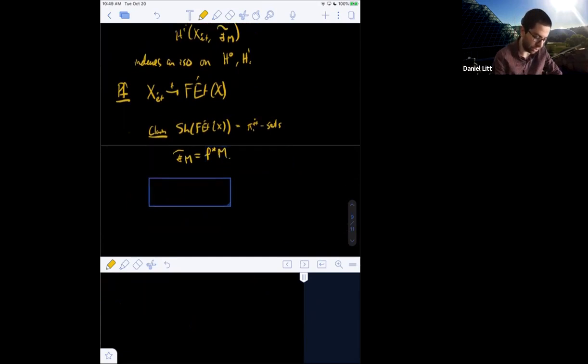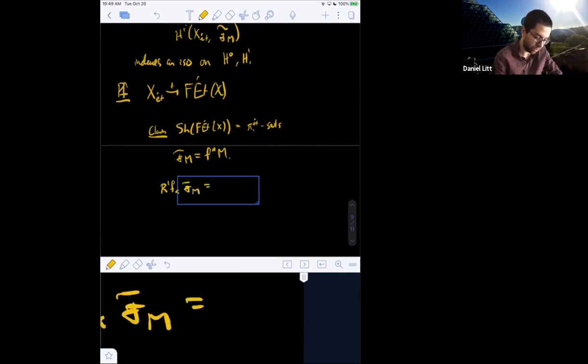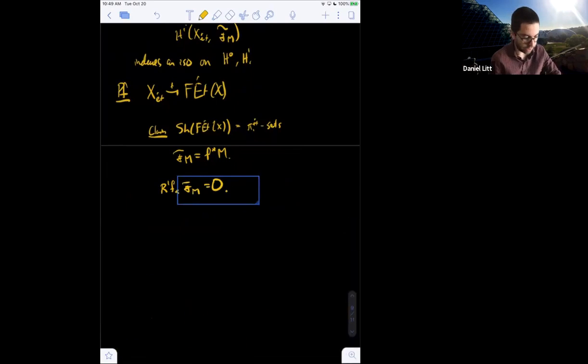Great. And then the claim is that F_M is just F upper star of M under this isomorphism. And then finally, the content is that R1 F lower star of a locally constant sheaf F_M is equal to 0. So these two things I'm going to leave as an exercise because we're out of time, and you should ask me about it next time if you have trouble with it. So what's the content of this?